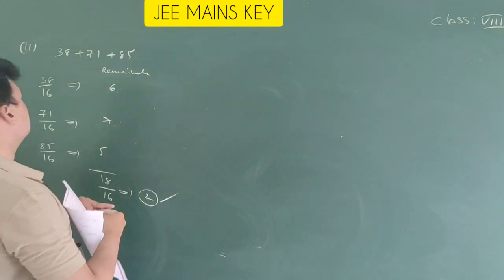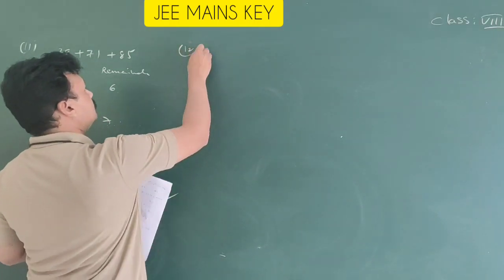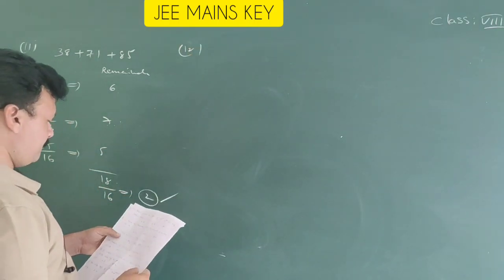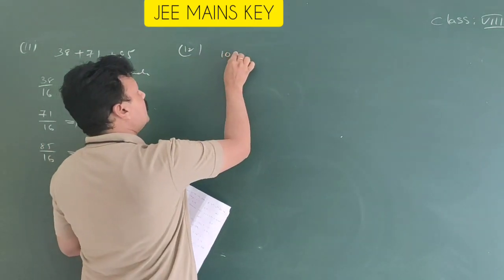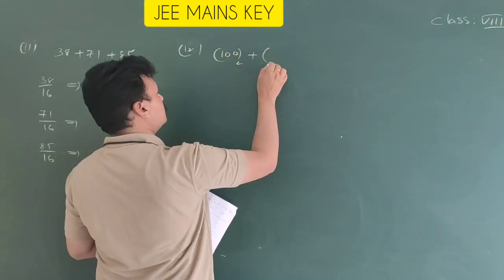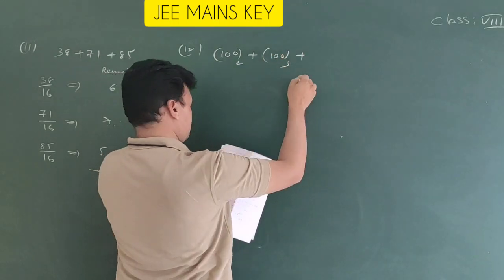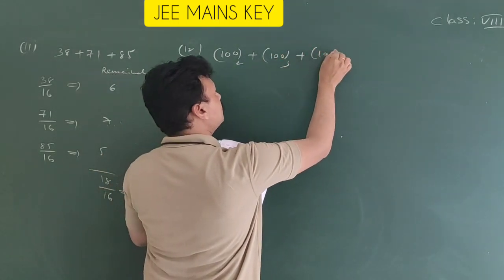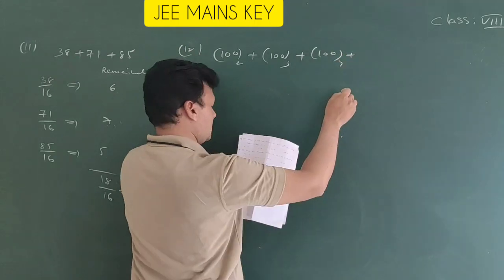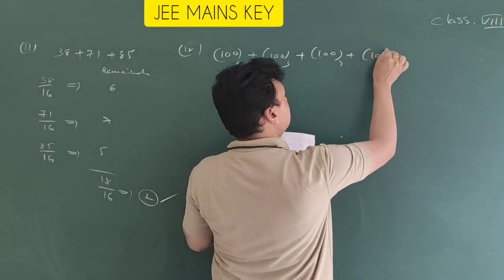Next, the 12th one. Here 100 base 2, sorry, 100 base 2, 100 base 3 plus 100 base 4, 100 base 5.